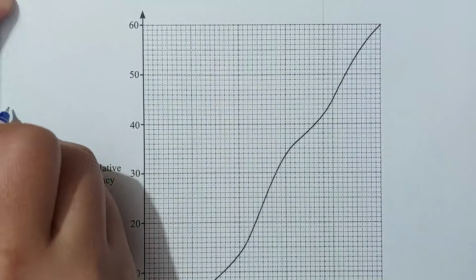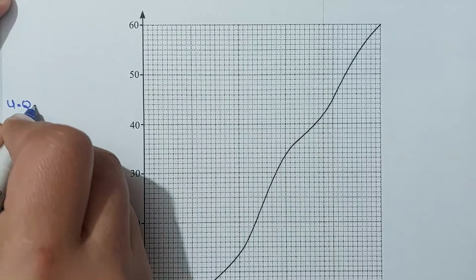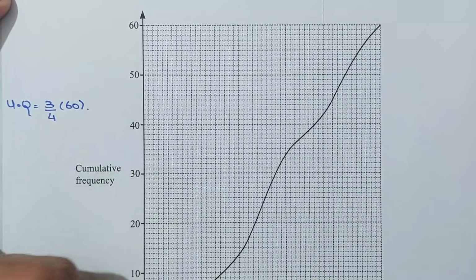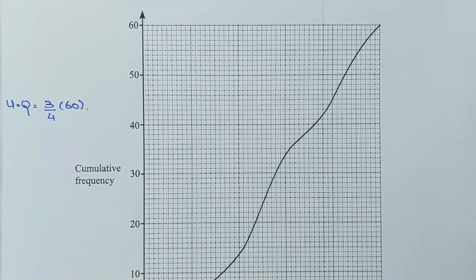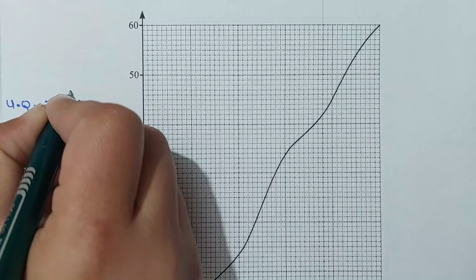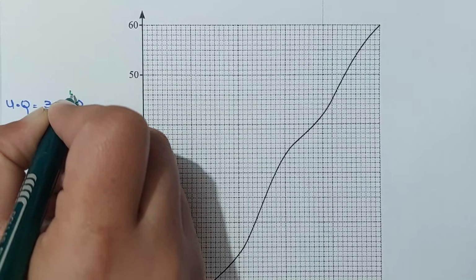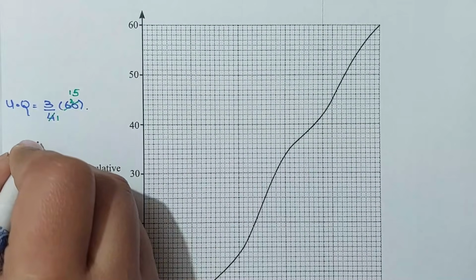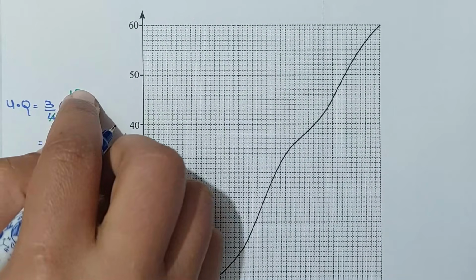Let's find out. So the upper quartile is 3 by 4 of 60. All right. So 3 by 4 of 60 becomes, simplify, 4 times 1 is 4, 4 times 5 is 20 and 3 times 5 is 15.